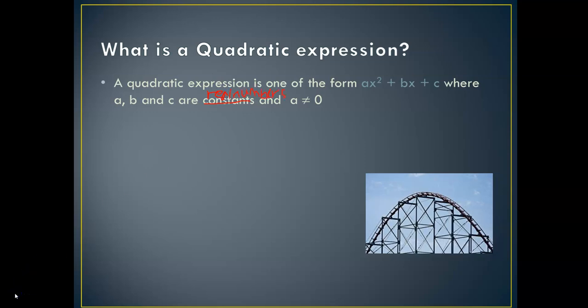So a, b, and c are real numbers, right? And a cannot be equal to 0 because remember that anything multiplied by 0 is 0. So if a is 0, that would actually take away the x squared term, which would mean that it's no longer a quadratic expression.